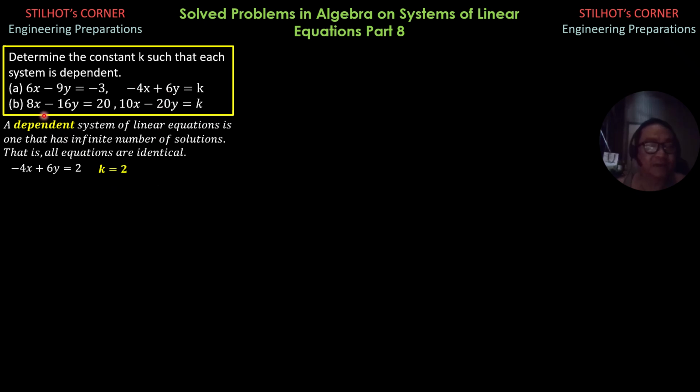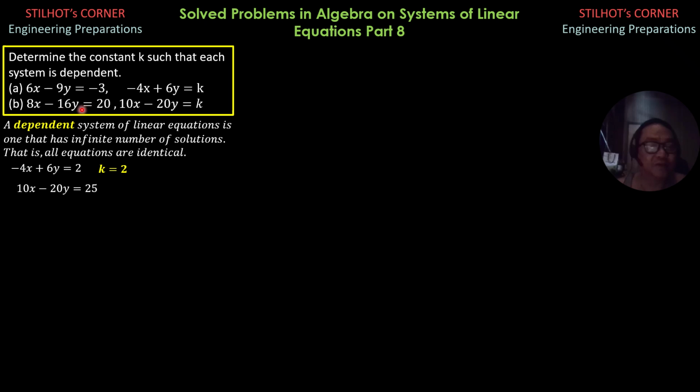For the second part, we multiply equation 1 by 5/4 to make this 10x. So 8x times 5/4 is 10x, minus 16y times 5/4, that's negative 20y, and 20 times 5/4 is 25.